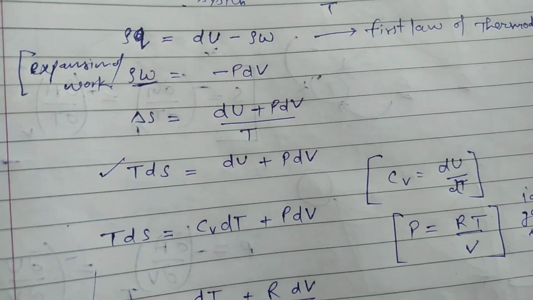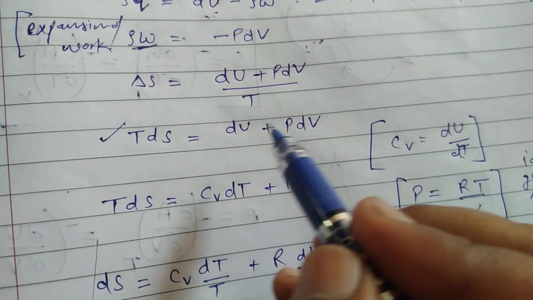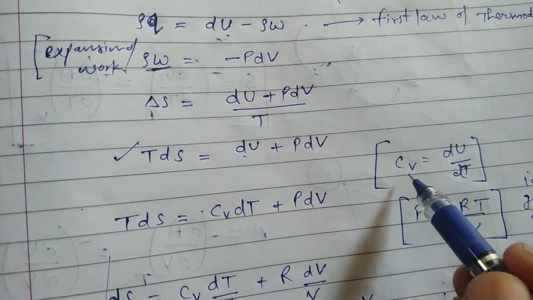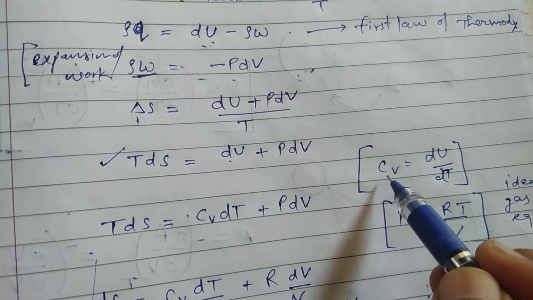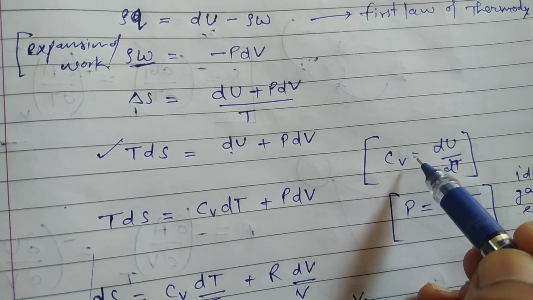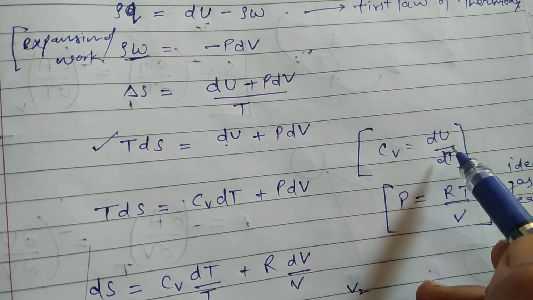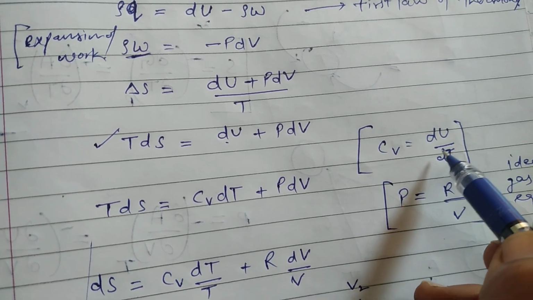Now we can put the value of internal energy in terms of specific heat at constant volume. We know that specific heat at constant volume is equal to the rate of change of internal energy divided by change in temperature.